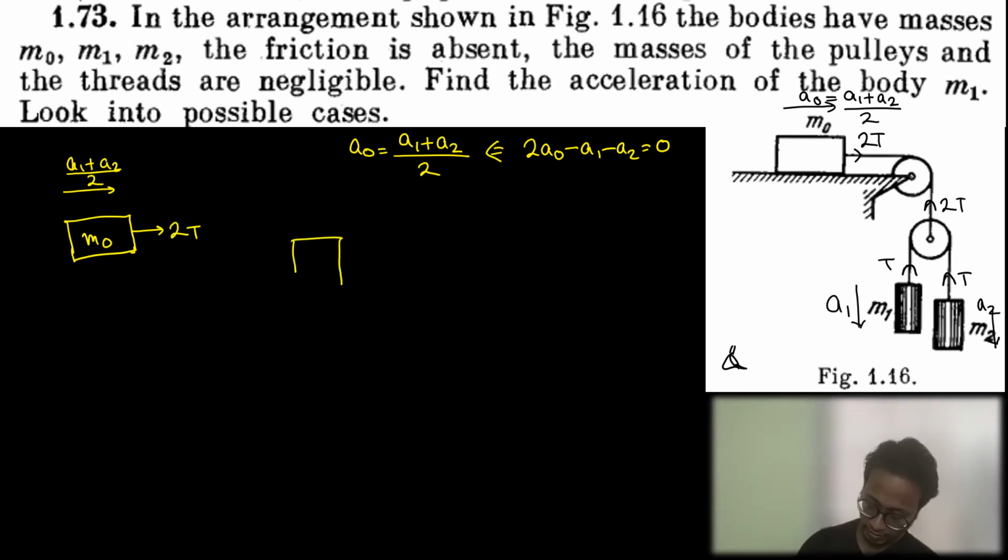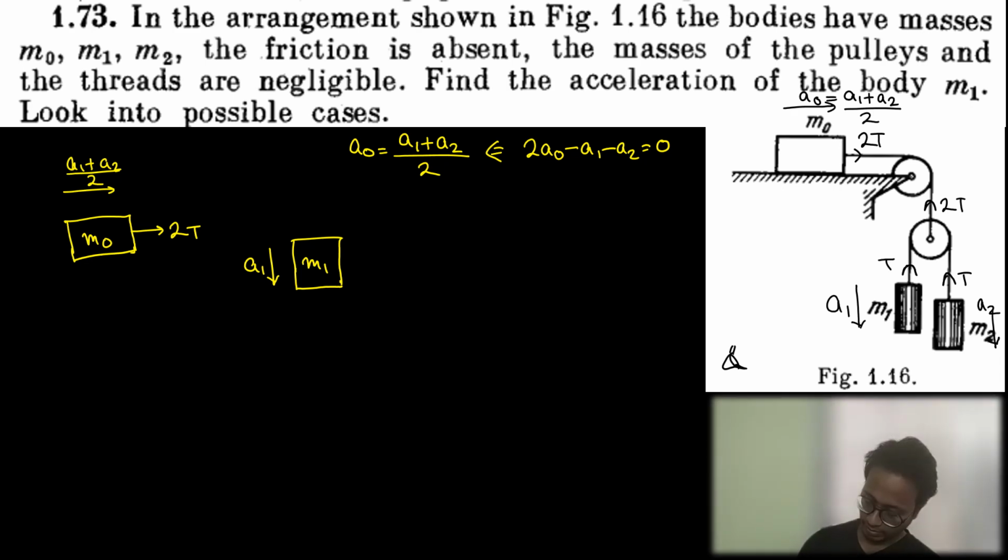For m1, out here acceleration is a1. So some of you have one more doubt. Why is the acceleration a1 downward and a2 also downward? Why not upward? See, if you apply the constraint motion out here, the sign of a2 would automatically determine whether it is upward or downward.